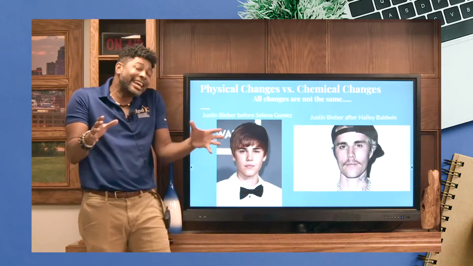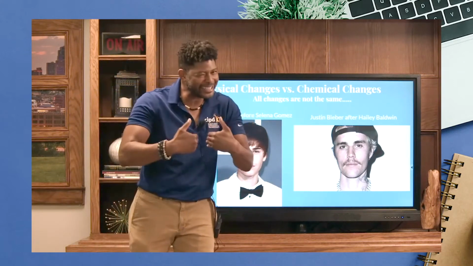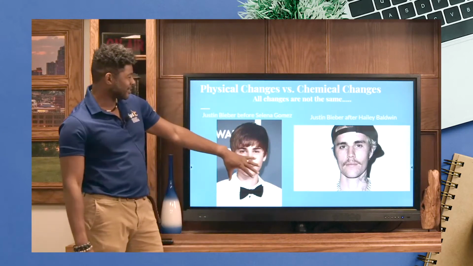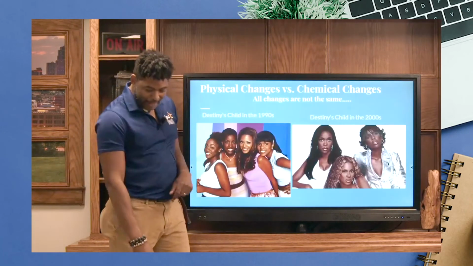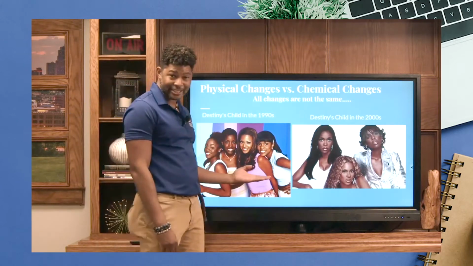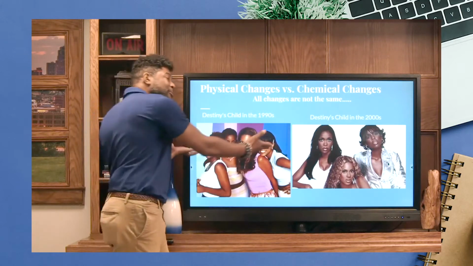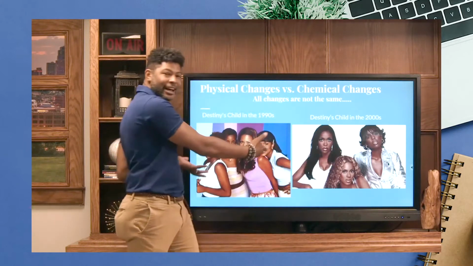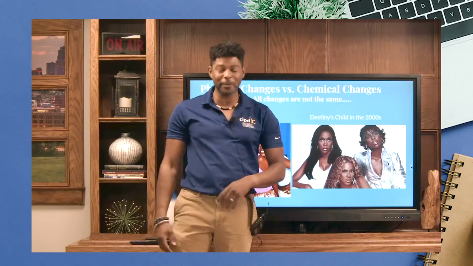We haven't really changed who he is internally, but there are some external differences. However, if you look at the composition of Destiny's Child, they did change. So in this case, this would be like a chemical reaction because we physically changed the composition. We took two people out, added one new person. Okay?